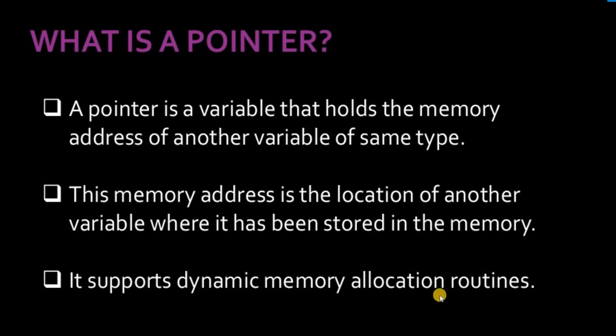It supports dynamic memory allocation routines. What this means is dynamic means कि रन टाइम पे हम मेमोरी लोकेशंस की रूटीन्स को सपोर्ट कर सकते हैं. So it doesn't have to be static, it can be static but it can also be dynamic.